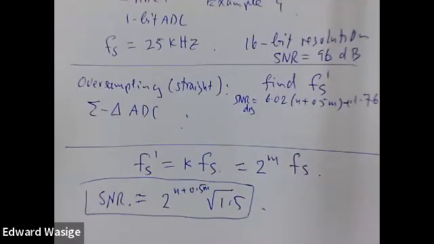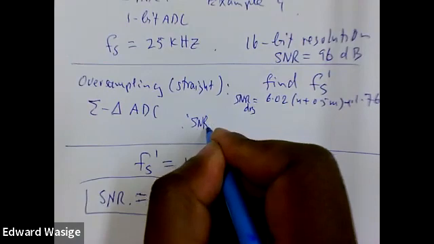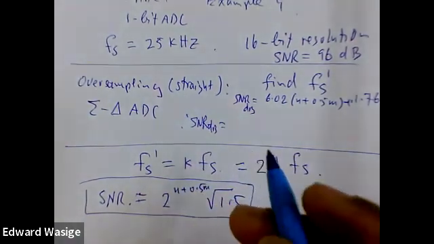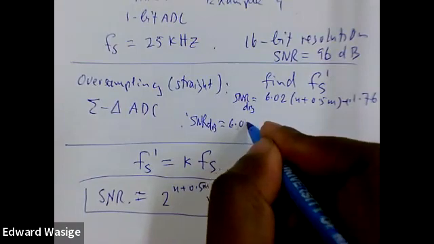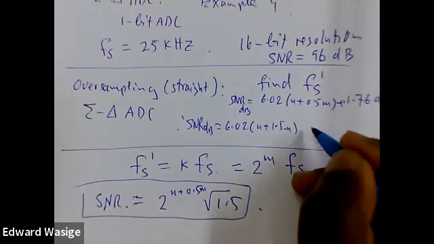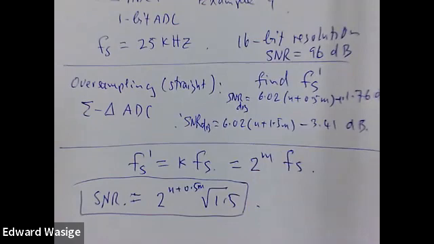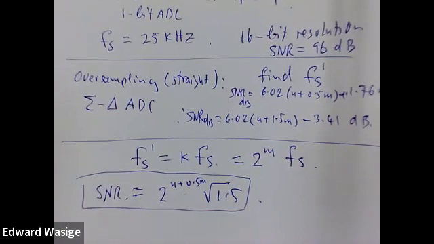While for the sigma delta ADC, we didn't derive this in class, but we know in theory how to do that. The signal to noise ratio is given by equation 131, and SNR in dB is equal to 6.02 n plus 1.5 m minus 3.41 decibels. That's equation 131 in your handout. And we could also have an expression similar to this.